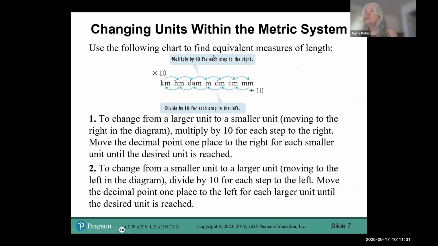So as I mentioned, changing is really simple. If I'm moving to smaller units, so I'm moving from kilometers to meters, I'm going to just move the decimal point 3 places to the right. If I'm moving from meters to kilometers, I'm moving 3 decimal places to the left.